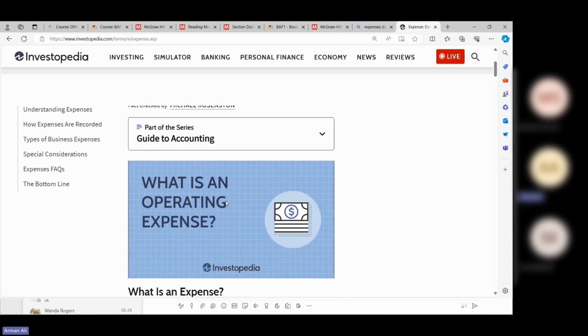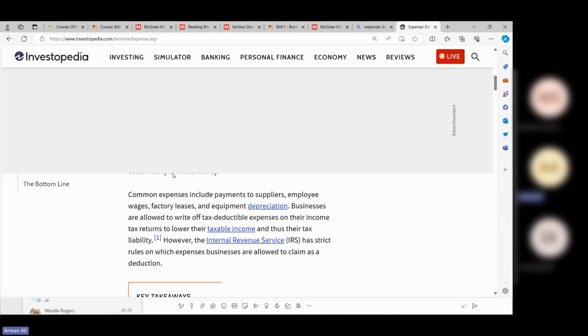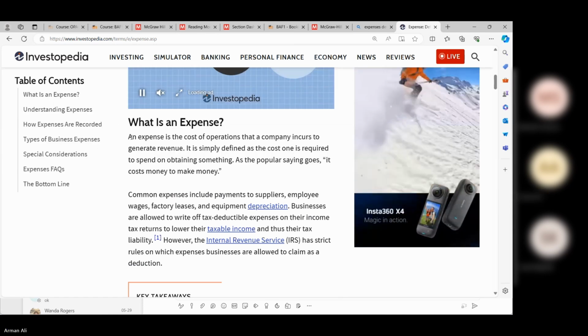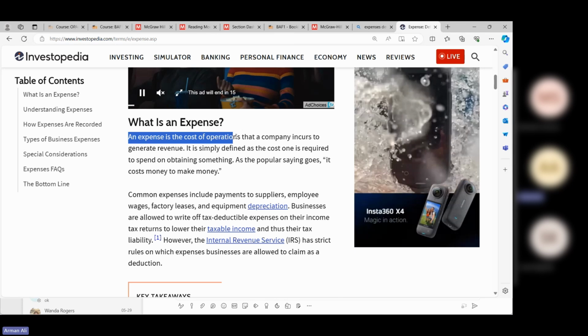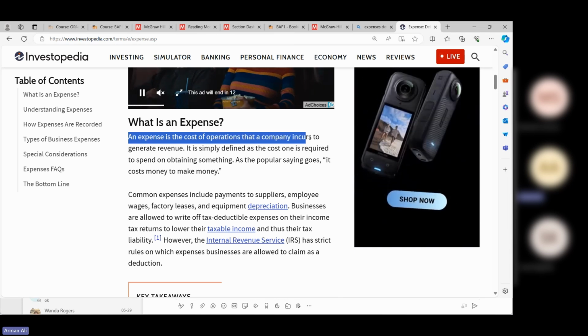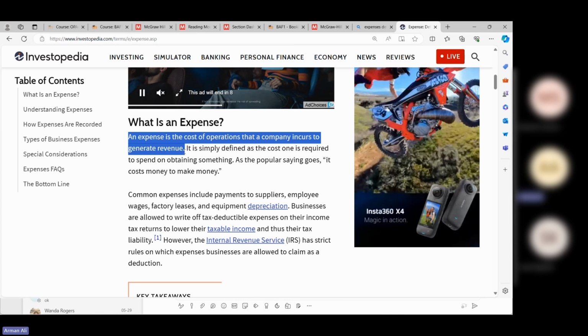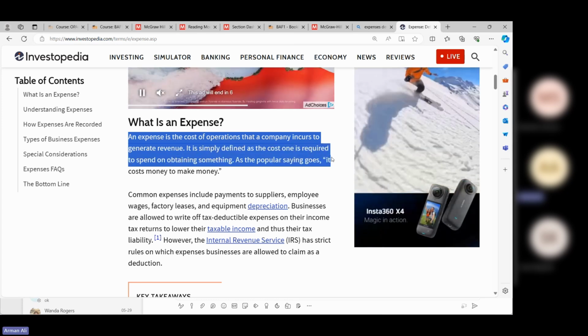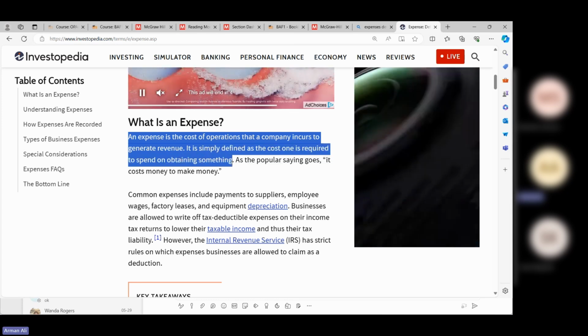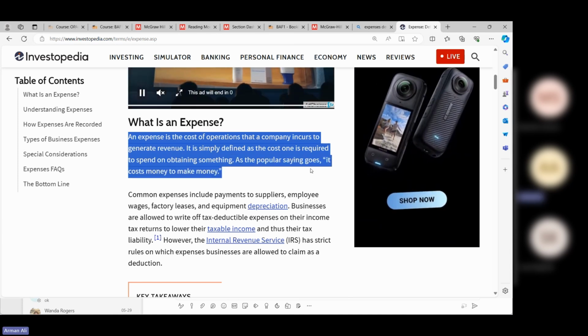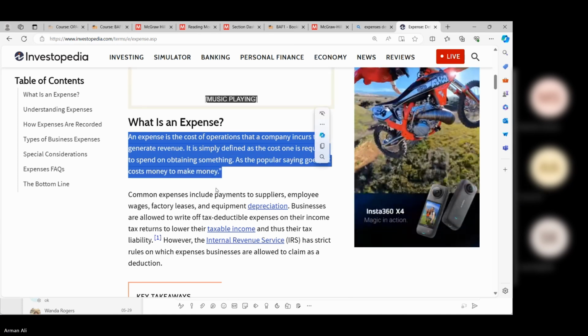Let's go to Investopedia. Enough with the advertisements. An expense is the cost of operations that a company incurs to generate revenue. It is simply defined as the cost one is required to spend on obtaining something. As the popular saying goes, it costs money to make money.